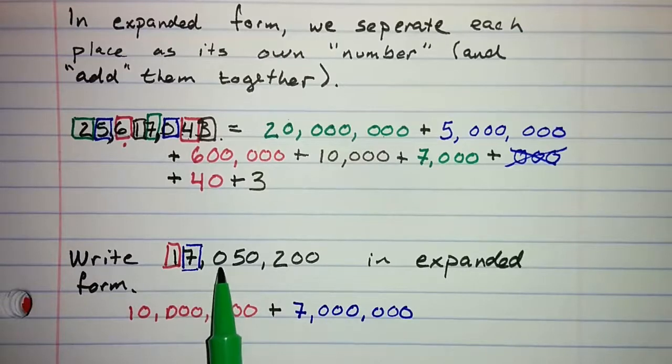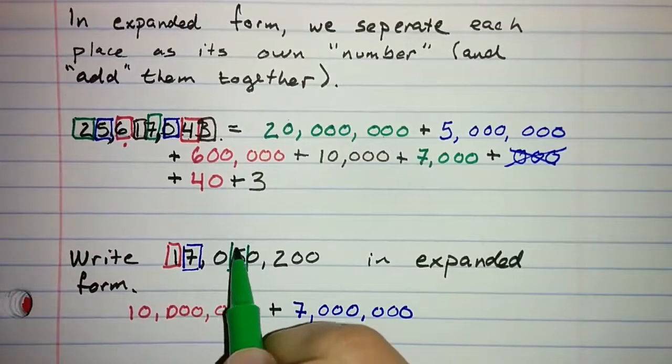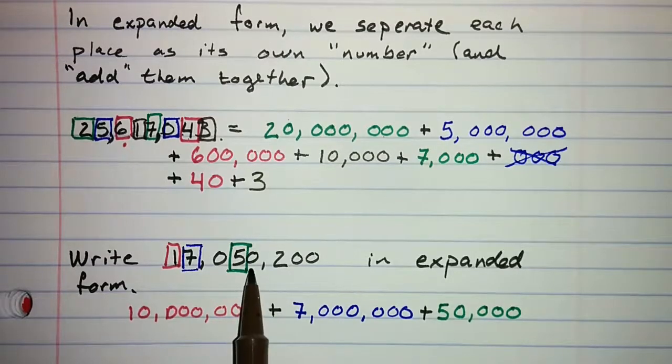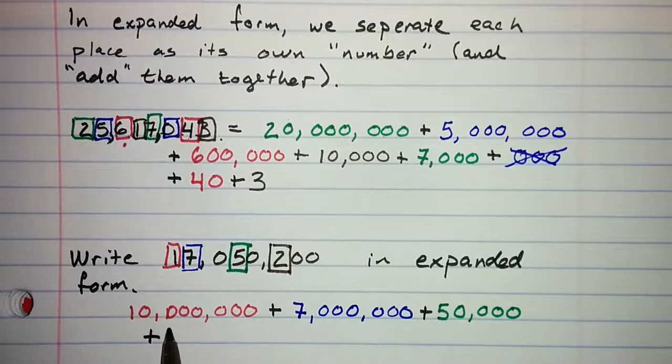Now we have a 0 in the 100,000s place. We can skip that. We have a 5 in the 10,000s place. That becomes 5 10,000s, which we might more normally read as 50,000. What else have we got? Well, we have a 0 in the thousands place, a 2 in the hundreds place, which becomes 200.